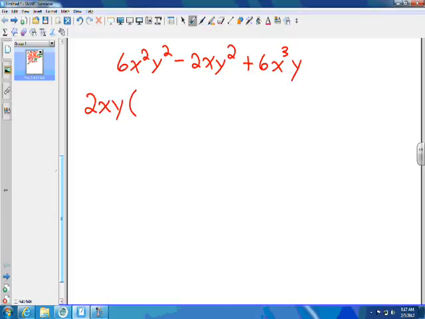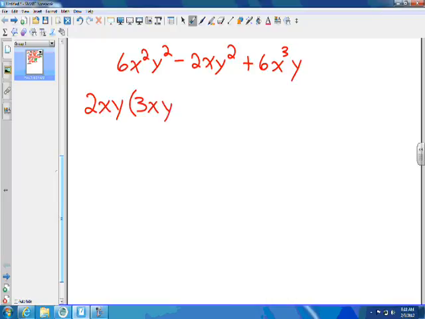And when we say take out, what operation are we talking about? Division. So you're dividing that term out, 2xy. So you just do that with each one. 6 over 2 is 3. X squared divided by x would leave you with x, and y squared divided by y is y.